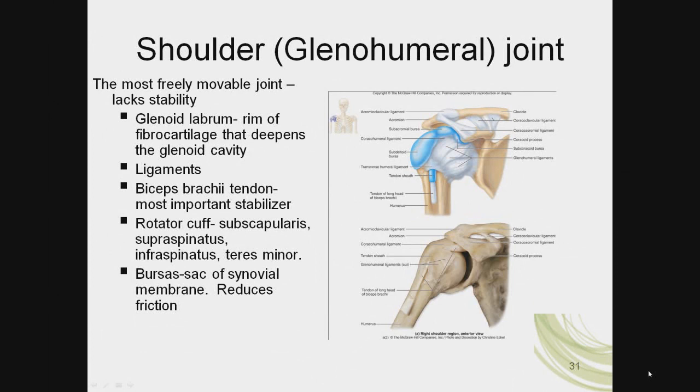These muscles include the supraspinatus, infraspinatus, teres minor, and the subscapularis, and they work as a group to hold the head of the humerus in the glenoid cavity. The tendons of these muscles encircle the joint, except for the inferior portion, and fuse with the articular capsule. Because the inferior portion of the joint lacks rotator cuff muscles, this area is weak and is the most likely site of injury.